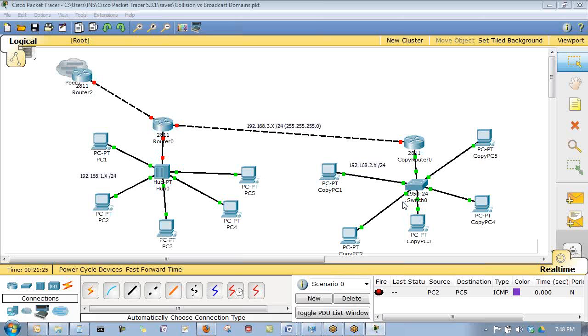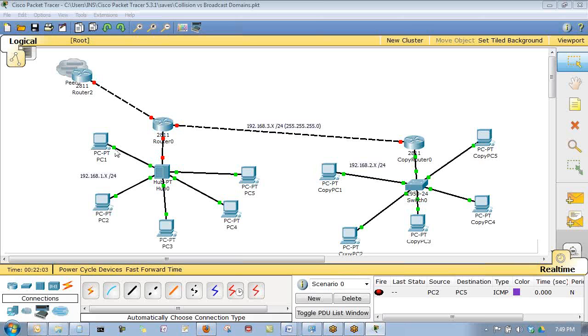Now, over here, I've got 1, 2, 3, 4, 5 machines. I've got my switch. So I should have 6 IP addresses. How many connections do I have on my router? I've got 2. So I've got 8 here, 8 total here. And what did I say I had over here? 8.